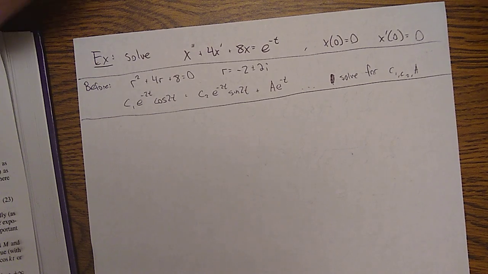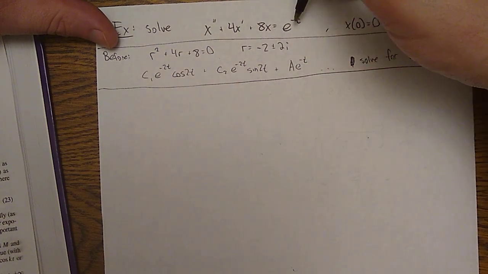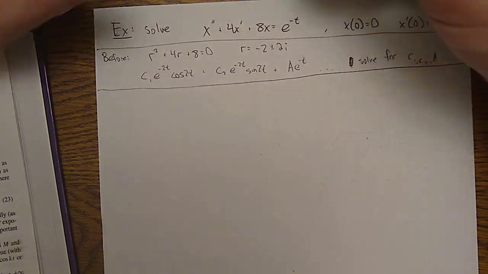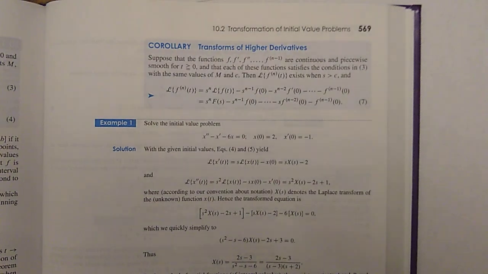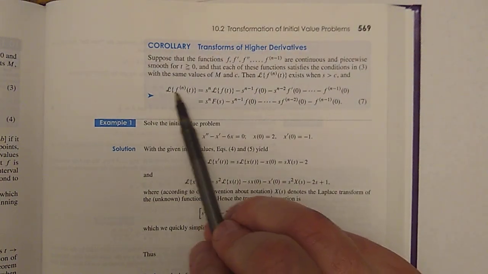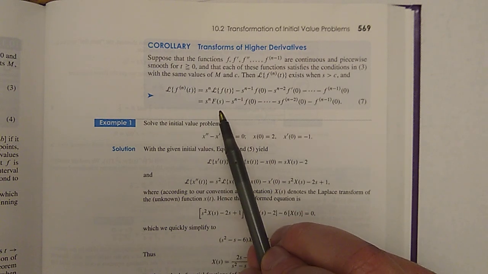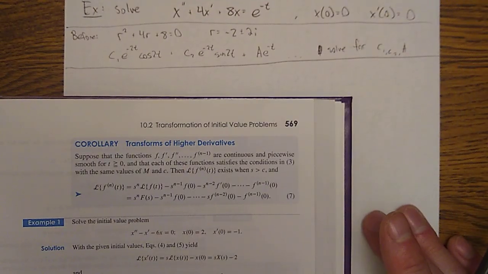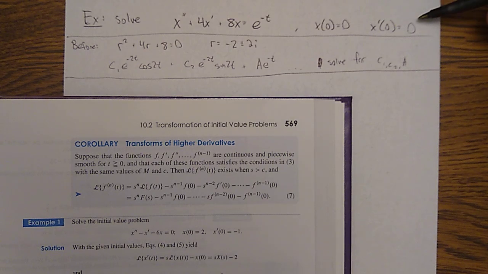So here's how this will go. I do the Laplace transform of both sides. If you remember how to do the Laplace transform of derivatives, let me flip here. Yeah, here's the formula for doing the Laplace transform of higher order derivatives. And ours is going to be easy because for us, our initial conditions are all zeros.